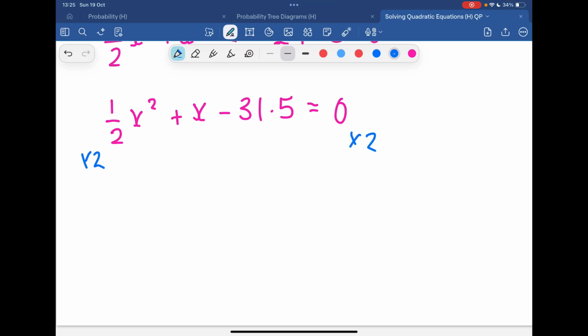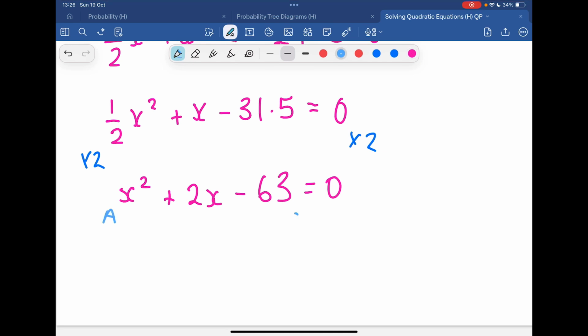We've multiplied both sides by the same thing and we're still going to have this equal to 0. So what we can say is that this is equivalent to x squared plus 2x minus 63 is equal to 0.